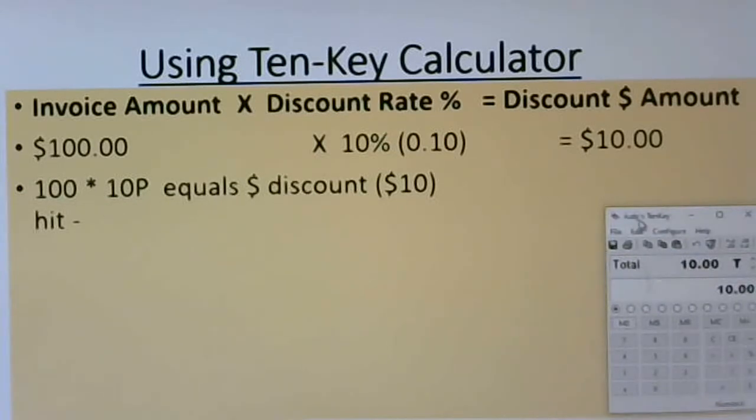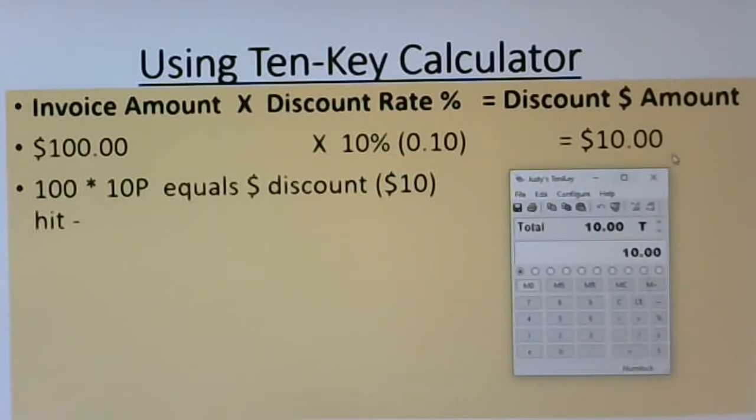Now another way I could do it is, instead of entering it as a decimal, I can enter it as a percent. So I can take the $100 times 10, and instead of hitting a percent key, we don't have that, we're going to use the P on the keyboard, and it gives us the $10.